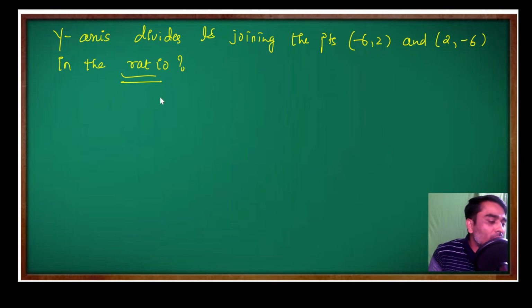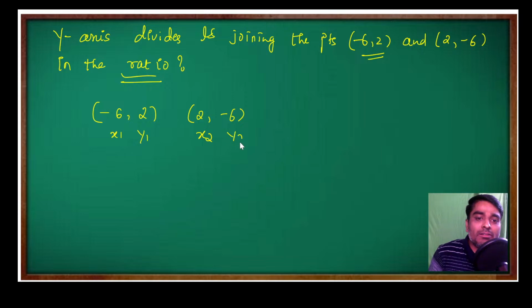So we need to use the section formula for this, right? First you mark these points, (-6, 2) and (2, -6), as x1 y1 and x2 y2. Now they say the y-axis divides the line segment.